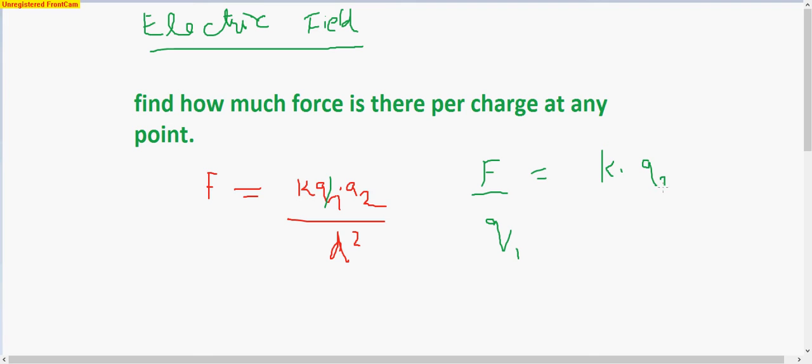K into Q2 divided by d squared. Similarly, if we want to find the electric field for Q2, we get K into Q1 by d squared, right? Now that is electric field.